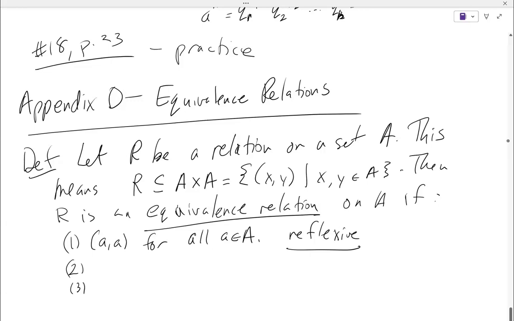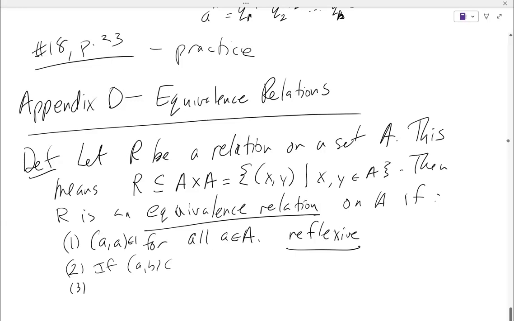If I want everything to be equal to itself, then I need (A, A) to be in the relation no matter what. We also want it to be what's referred to as symmetric.